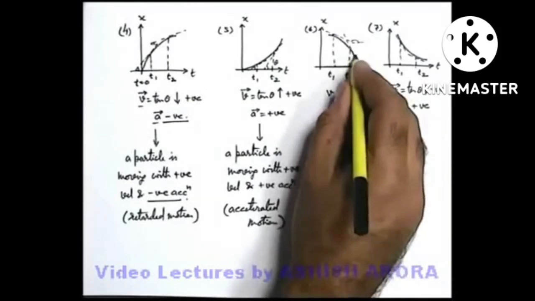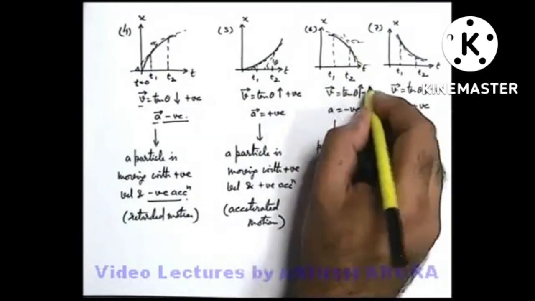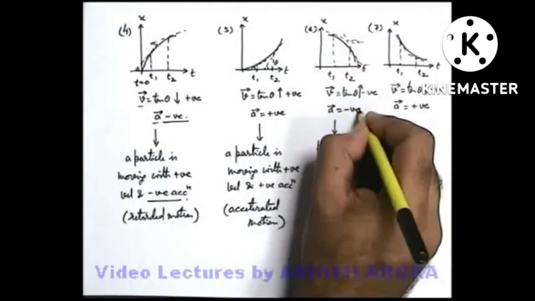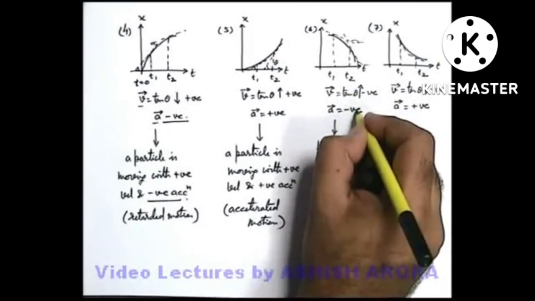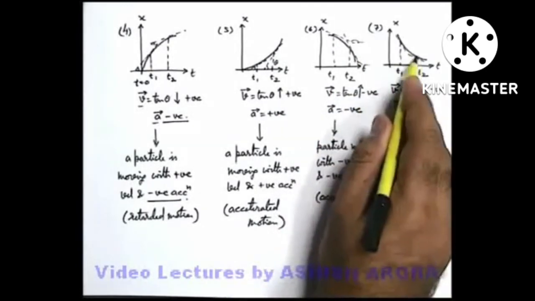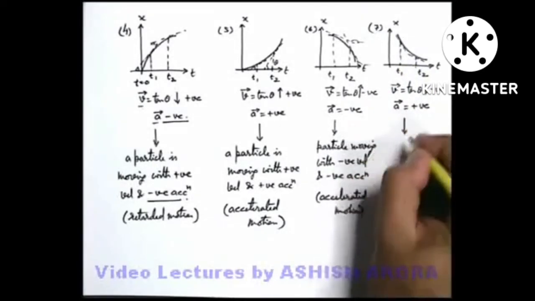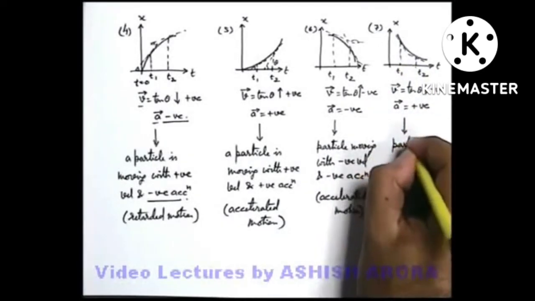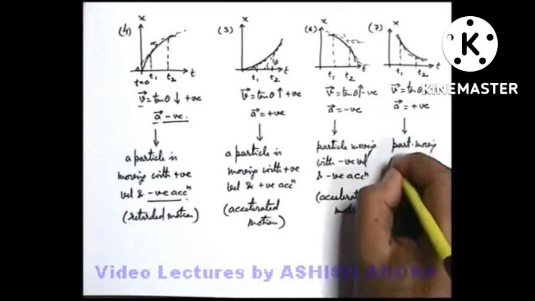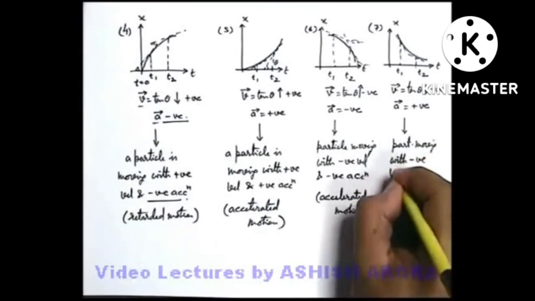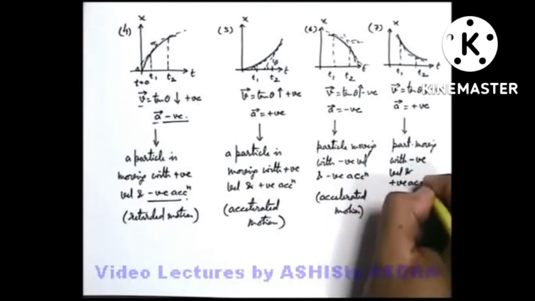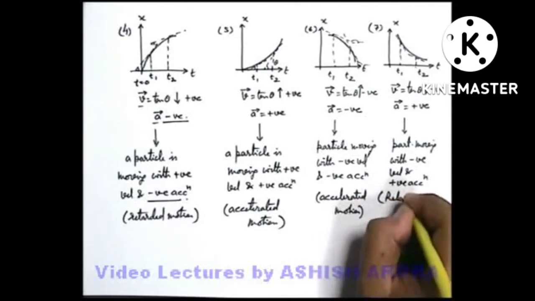Like in the previous case, we can see the velocity is negative, but it is increasing. So acceleration we have taken in the same direction of velocity, it is negative. But here, as velocity is negative and it is decreasing, the acceleration must be opposite. So this is the case which belongs to a particle moving with the negative velocity and positive acceleration, which is the case of a retarded motion.